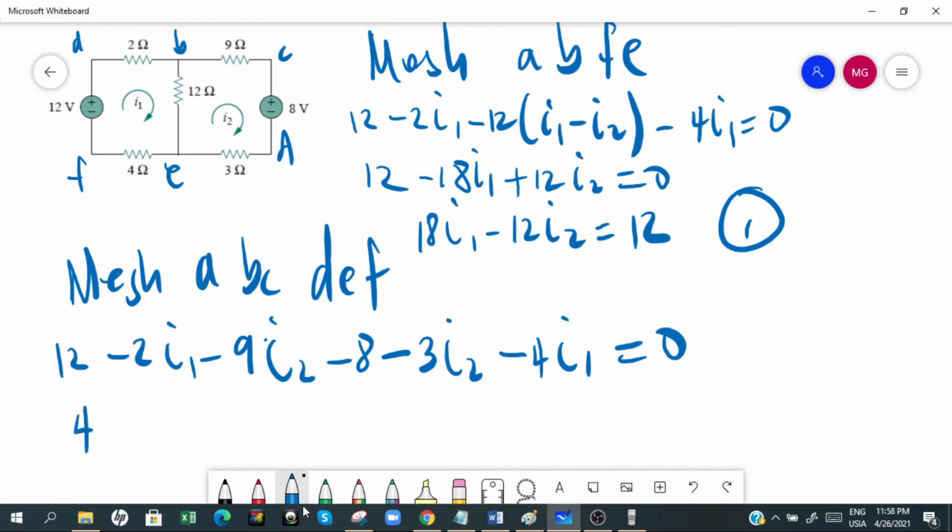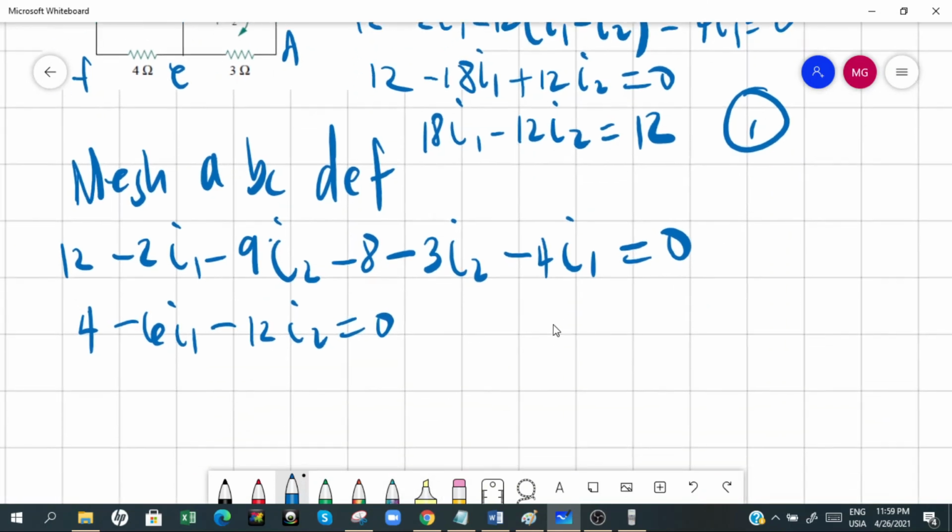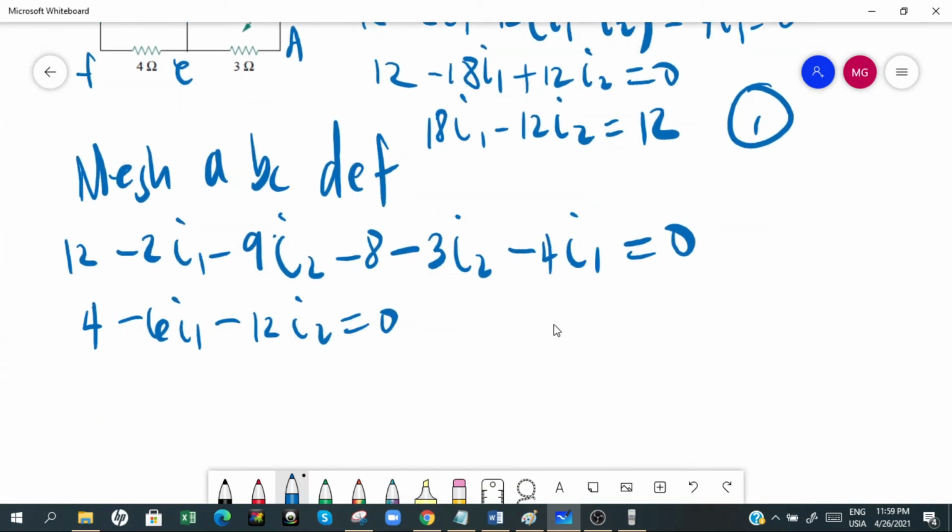Negative 2 minus 4, so that's negative 6 I1. This is 9 minus negative 3, that's negative 12 I2 is equal to 0. So to proceed, we have 6 I1 plus 12 I2 is equal to 4. This is equation number 2.